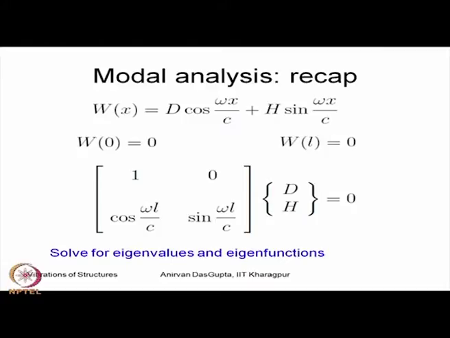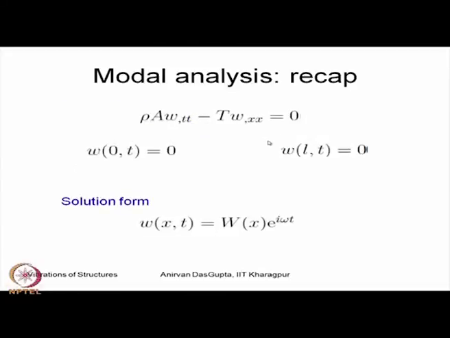So, the point to note here in the modal analysis is that we obtain the eigenvalues and eigenfunctions when we have boundary conditions. In our original equation these are the boundary conditions.